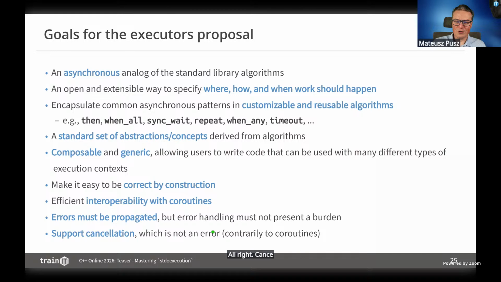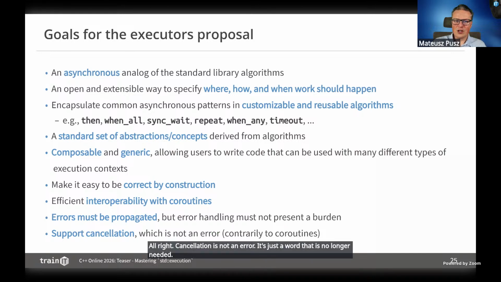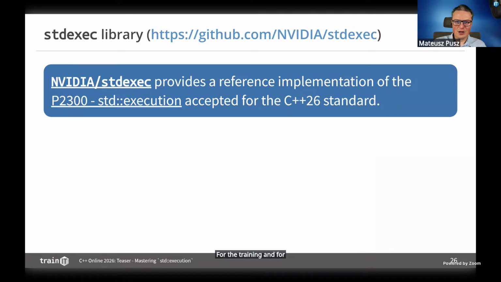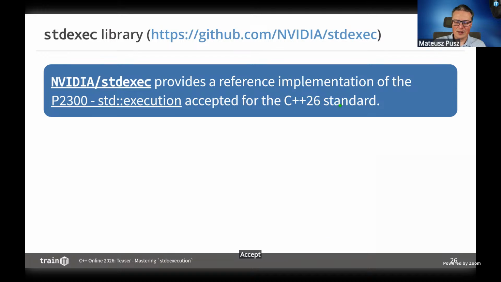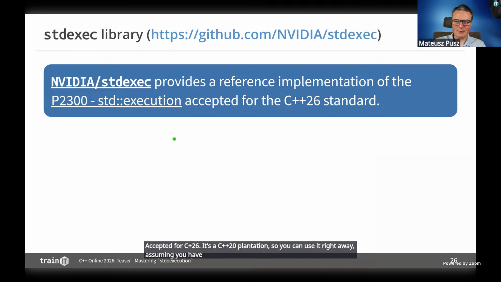Cancellation is not an error. It's just work that is no longer needed. For the training and for production, you can actually use the stdexec library from NVIDIA. This is a reference implementation of the official standard paper accepted for C++26. It is a C++20 implementation, so you can use it right away, assuming you have C++20.